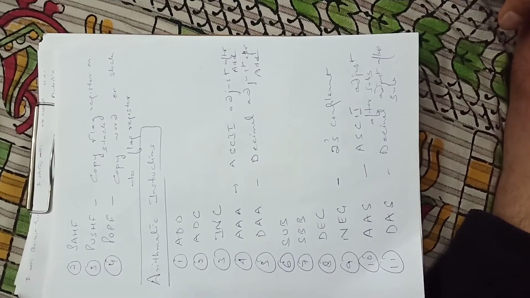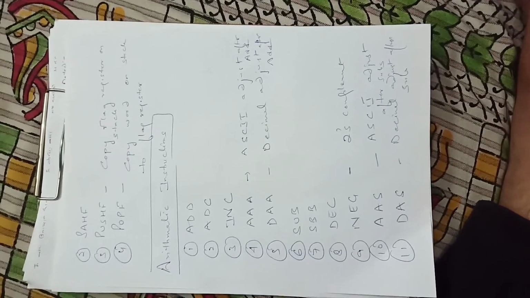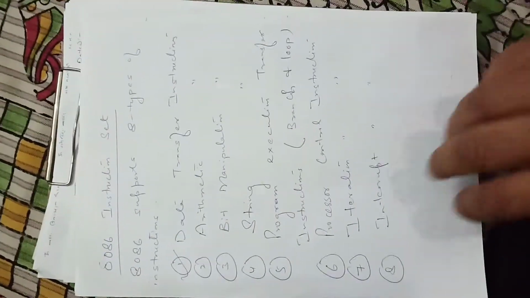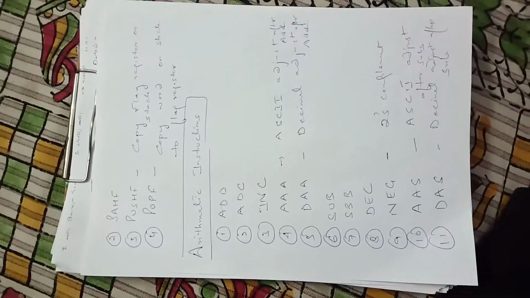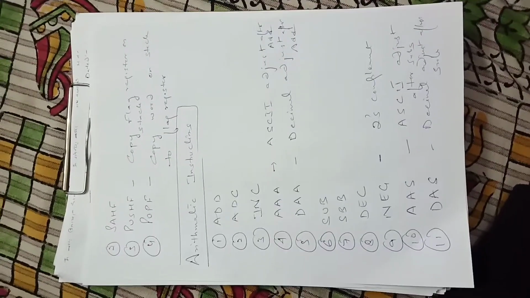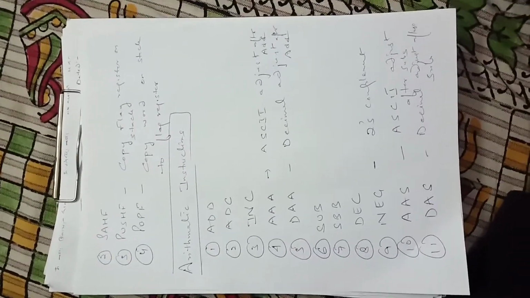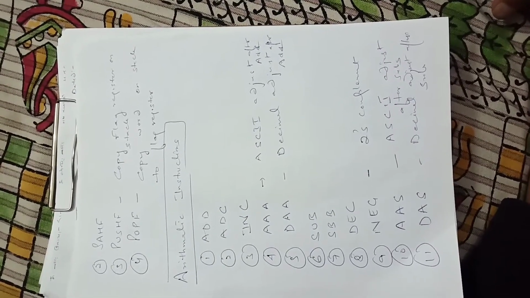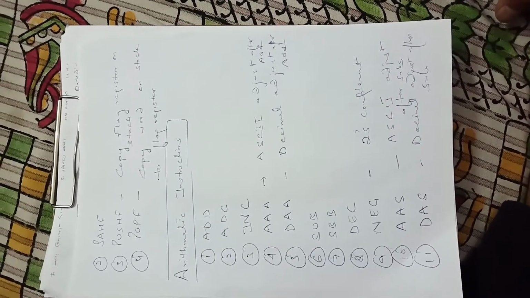Now the second important classification is arithmetic instructions. When we talk about arithmetic instructions, these are basically add with carry, increment, ASCII adjust after addition, decimal adjust after addition, subtract with borrow, decrement, and negate.